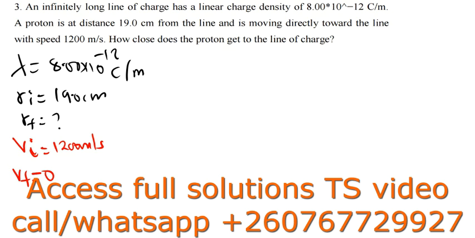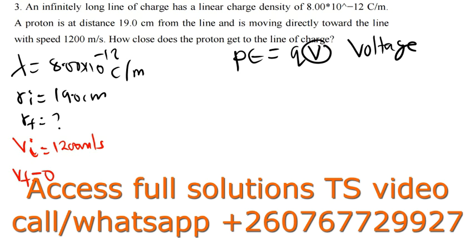The first formula we have to know is the potential energy. When we're talking about the electric force and electric field, the potential energy is given by the charge times the voltage. This is the charge and that is the voltage. It's not the velocity, it's the voltage. That is one formula we need to know.